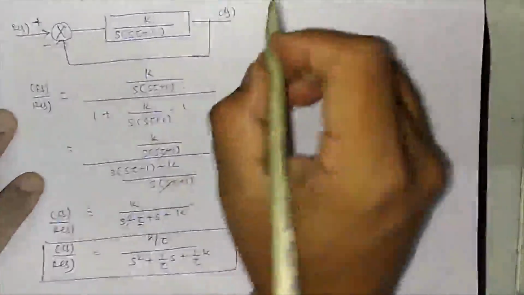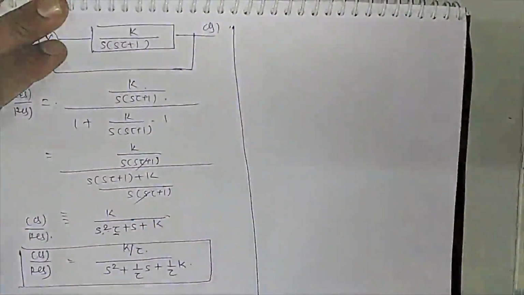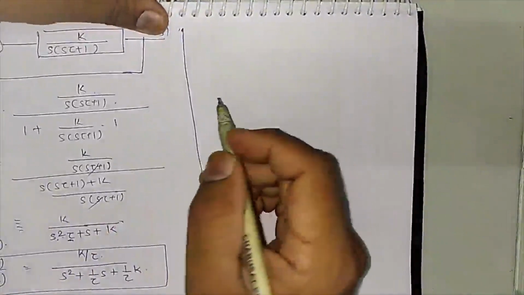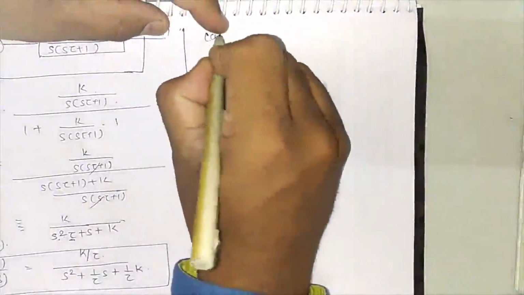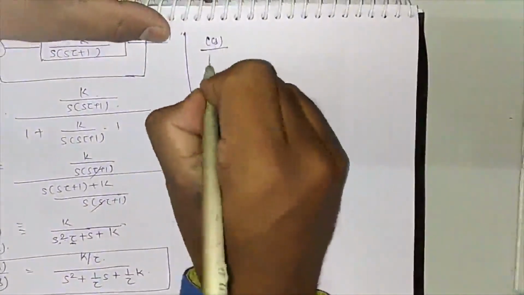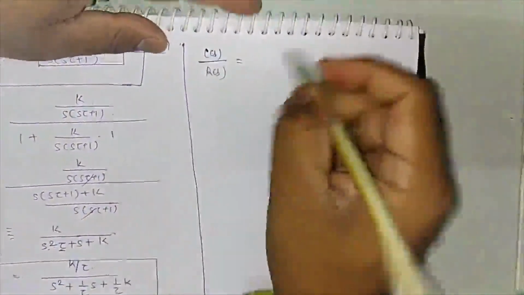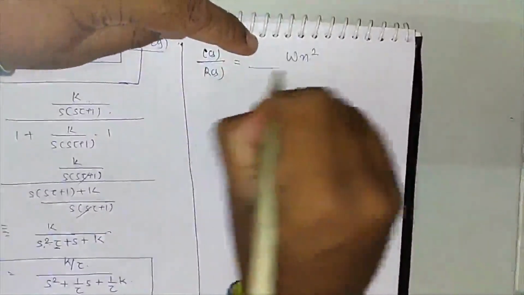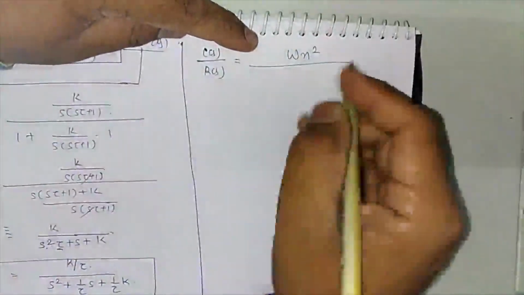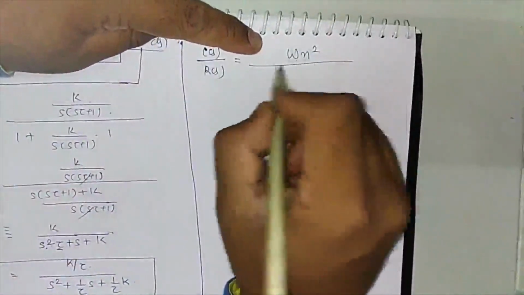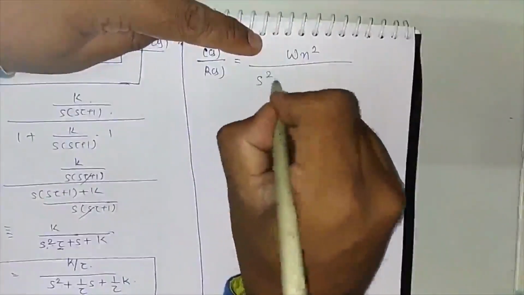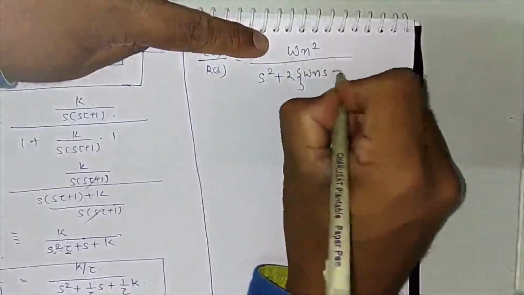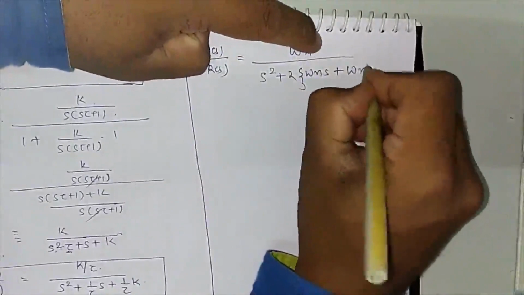Okay, now I want to go in a generalized manner, because there are some quantities which actually come into the picture whenever we need to analyze the second order system. So the standard form of your second order system is given as C(s) upon R(s) is equal to omega n square upon s square plus 2 zeta omega n into s plus omega n square.